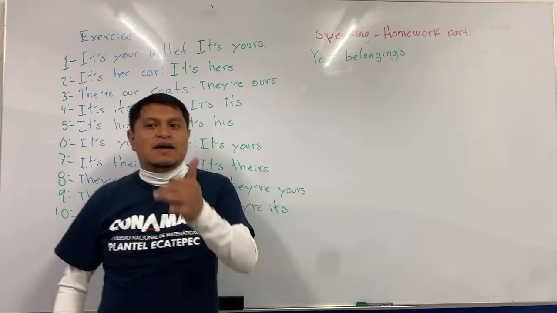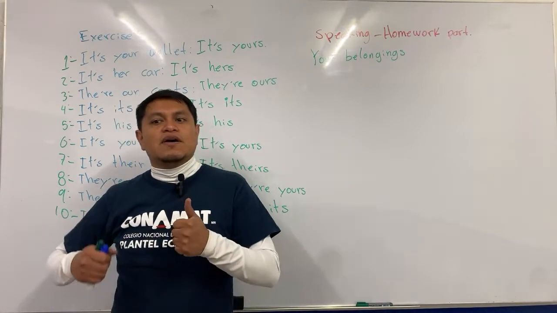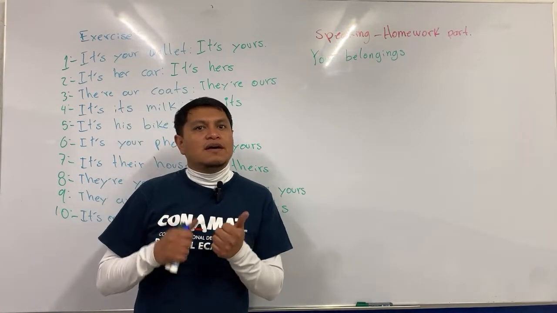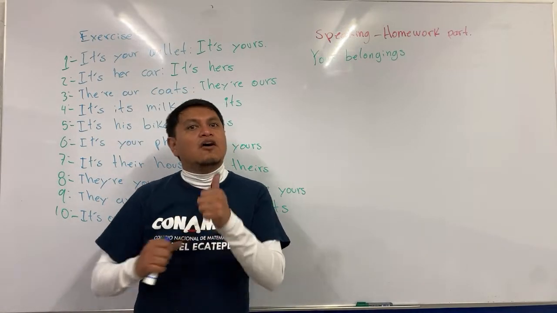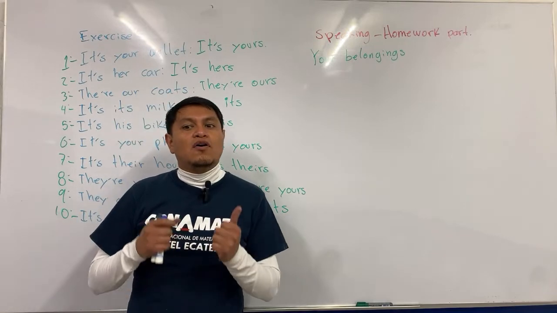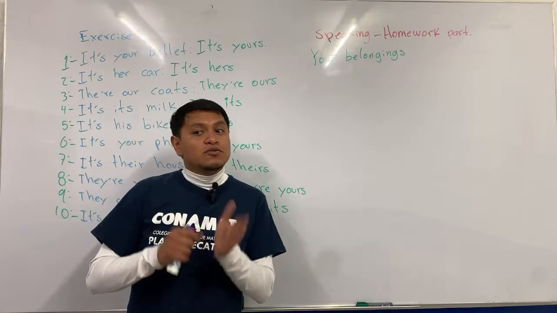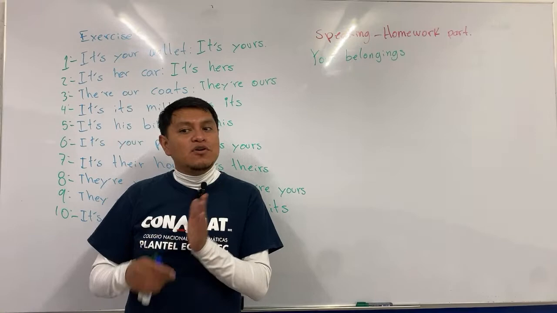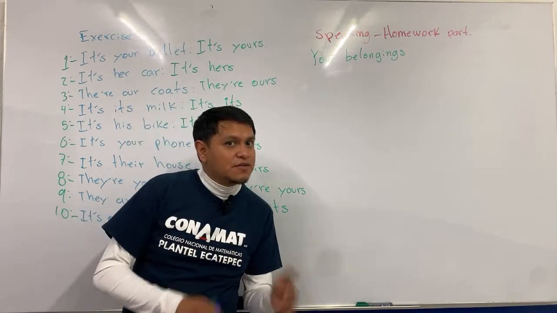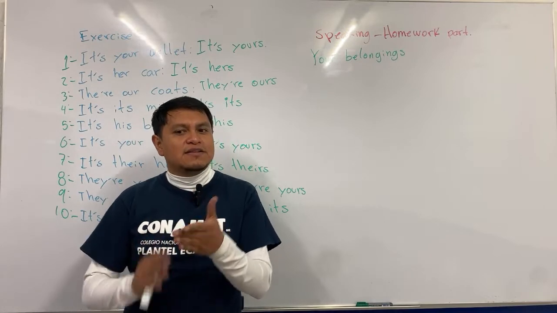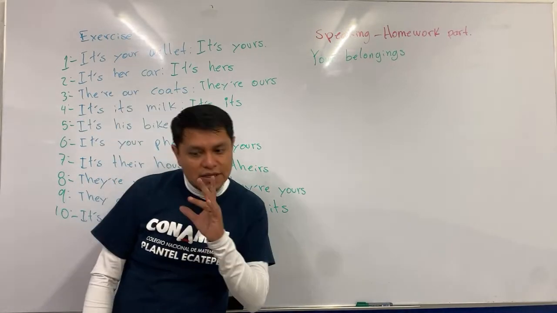For example, let's talk about my father and the new blue car of his, the smartphone of his. I want to talk about my mother. The car is hers, right? Stuff like that.